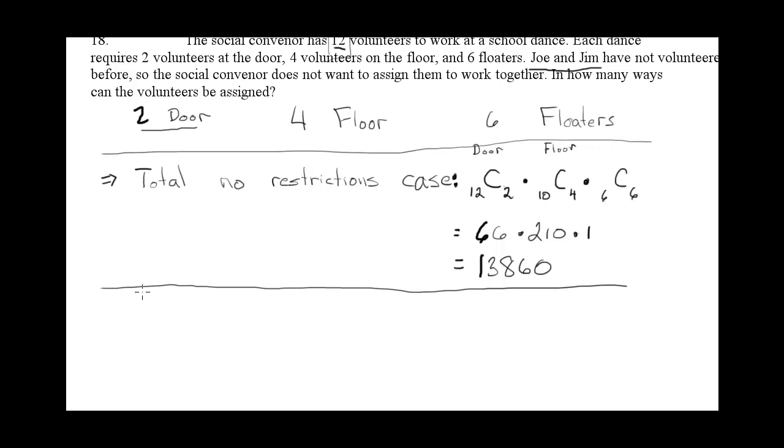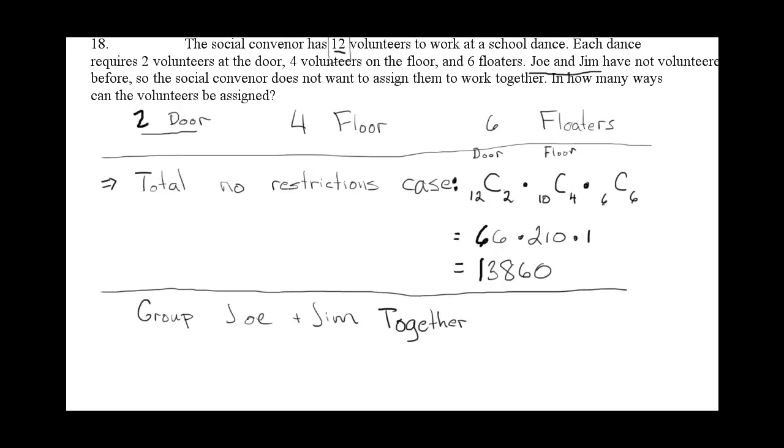So now let's look at the indirect method. We'll group Joe and Jim together. So Joe and Jim are always going to be together. Well, there are 3 ways they could be together.